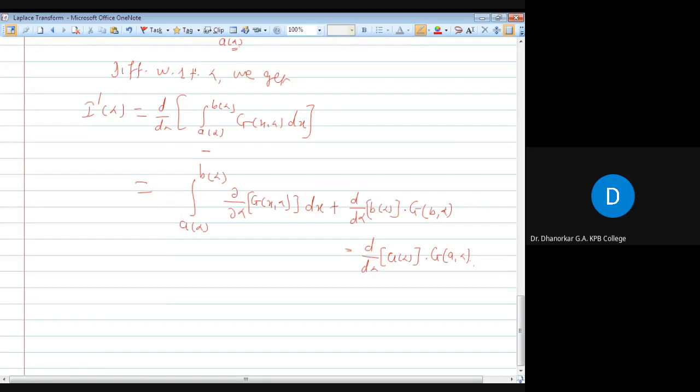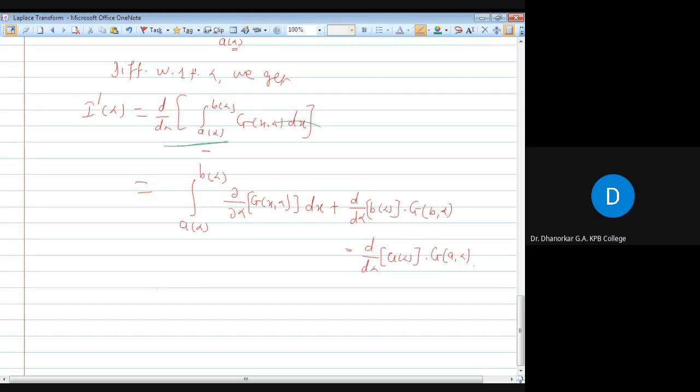This is your DUIS, means if any function is given and we are finding its derivative under the integral sign, the rule follows in this way.